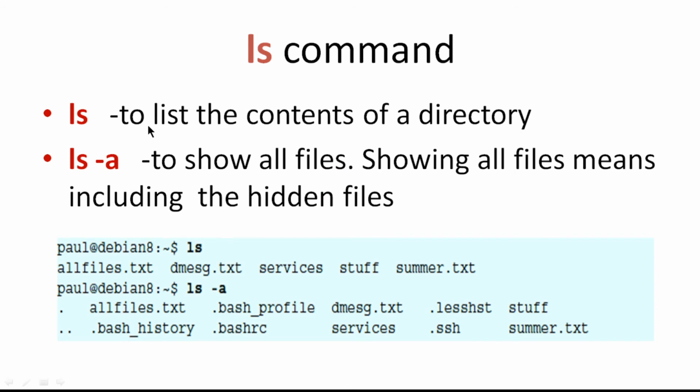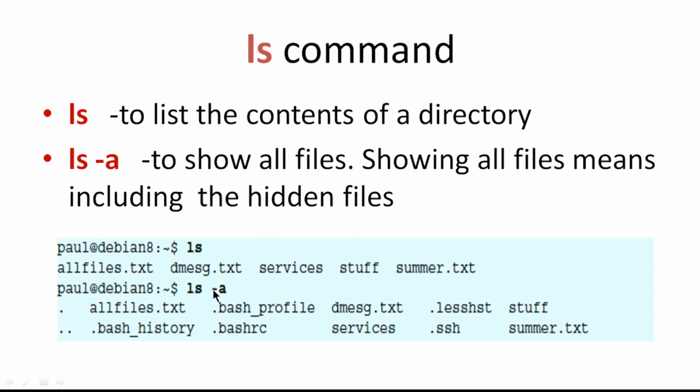The ls command is used to list the content of any directory. So I'll just type ls, and you can see the tilde symbol, it means it's in the current working directory, and it is listing all the files which are under that particular directory. Now I'll use ls -a, it will show all the files, and it will also show me the hidden files.